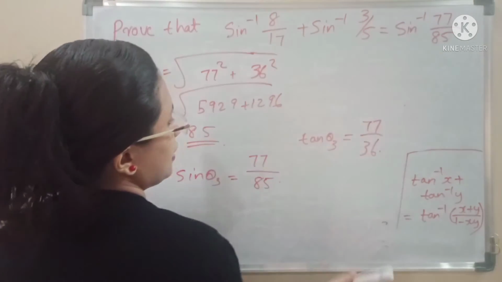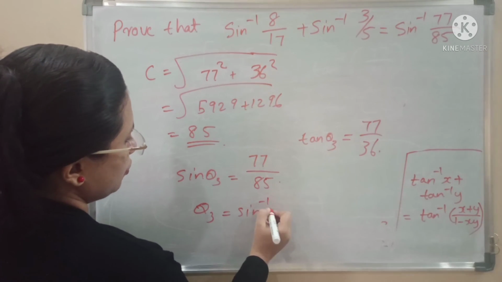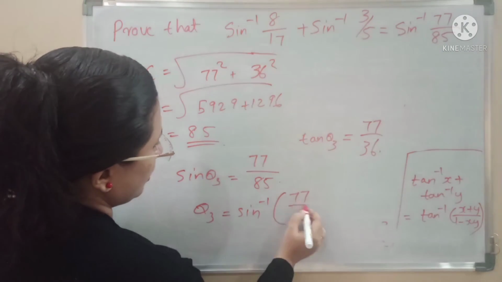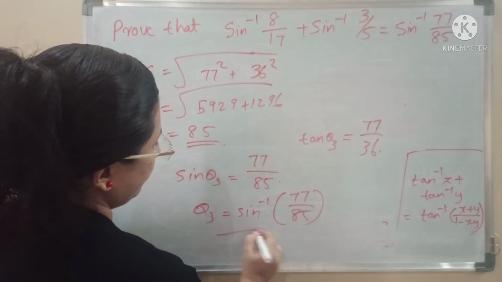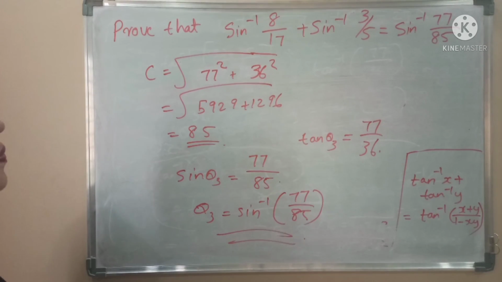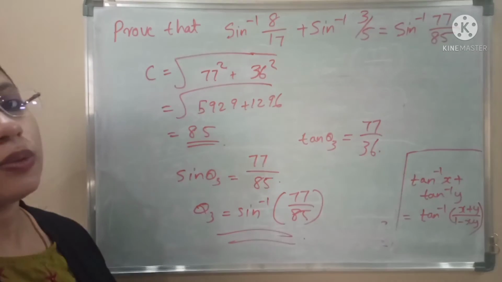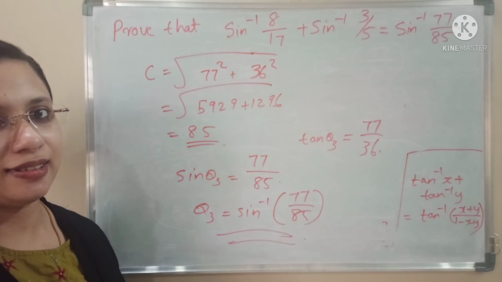Did we get this? Yes. So theta 3 will be sine inverse 77 divided by 85. So hence we proved the LHS equals RHS. Clear?